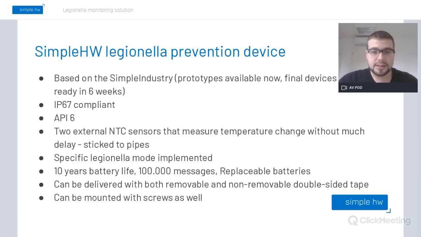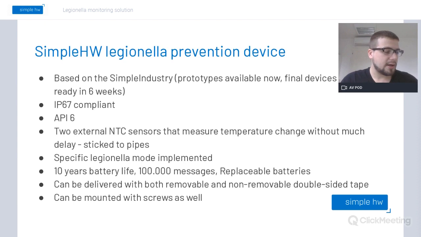The device will use the standard API 6 that is used in the SimplePack and the SimpleLeak. And the API 6 already has the connection to the two external NTCs inside of it, which means that the only thing we're waiting for at the moment is having the final cases delivered, because we're waiting for the mold to be finished.